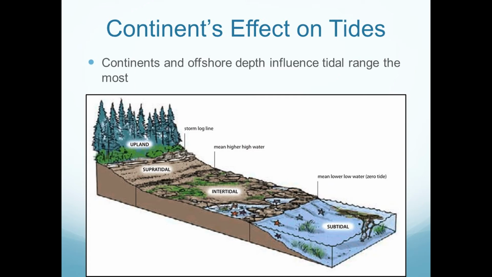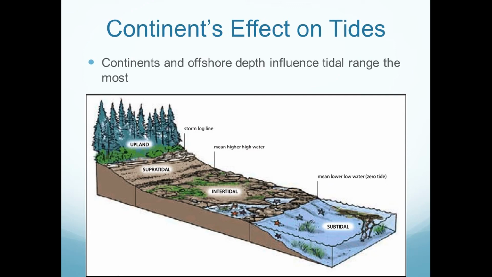Then you have your supratidal, your intertidal, and your subtidal. So your subtidal is the area which is always completely submerged, and it's never to the point where it dries out. And that's your mean lower low water level. It's when you have your lowest tide, that's where the line would be at.